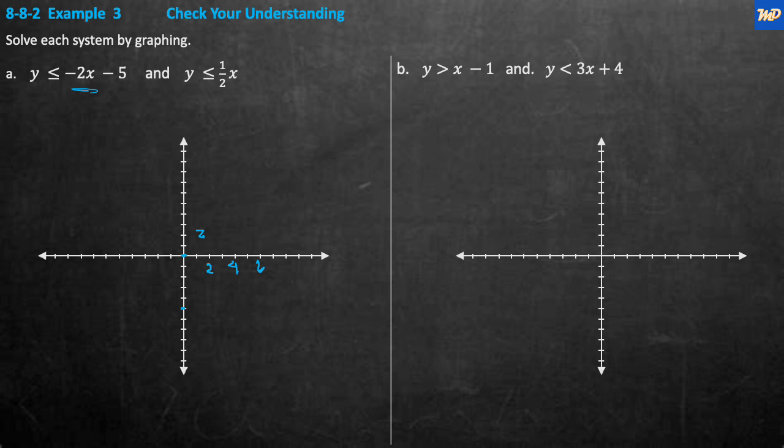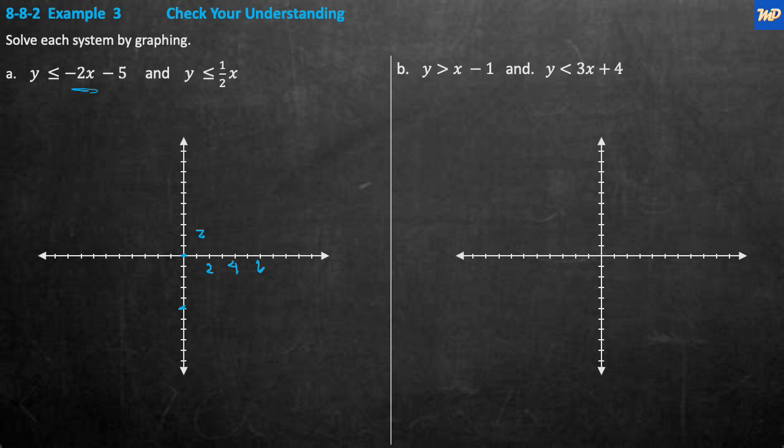For the first equation, the y-intercept is right here at negative 5. And I'm going to call this the blue equation. And it's a negative slope. So it's actually going to go down 2 over 1. Well, I'm going to reverse it and go the other direction so I can head toward the x-axis line. So I'm going to go up 2 and then to the left 1. So that's reversing it.